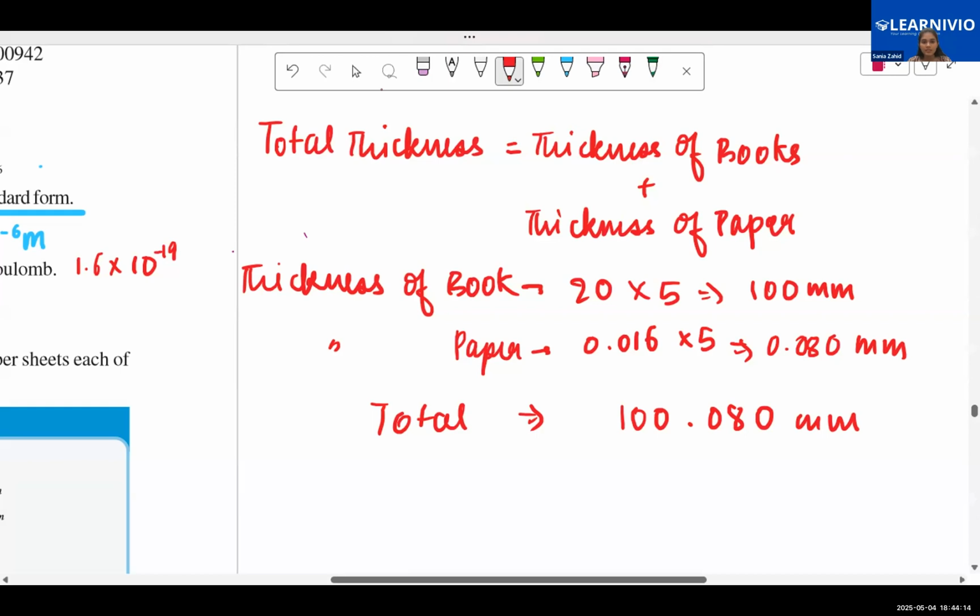All right. Leave it as now the total thickness. Now it becomes 100.